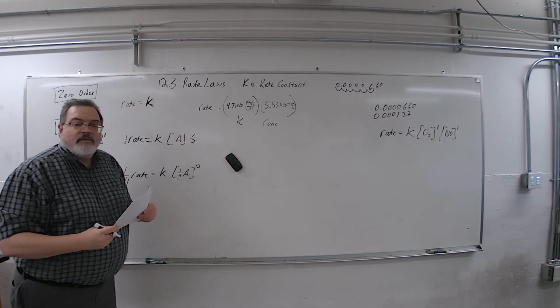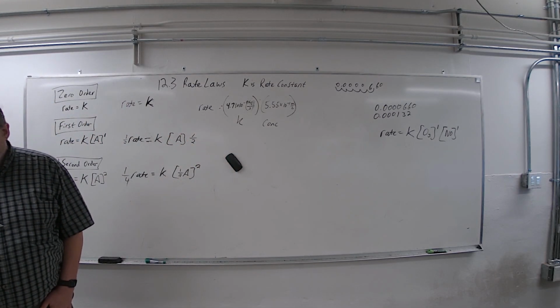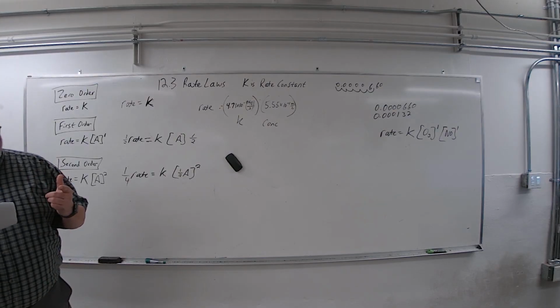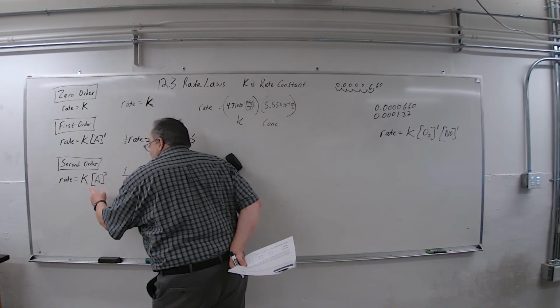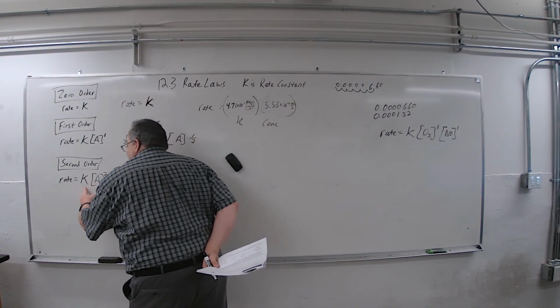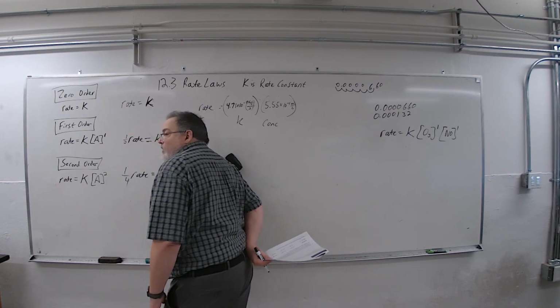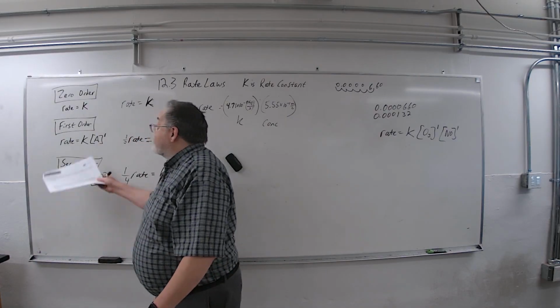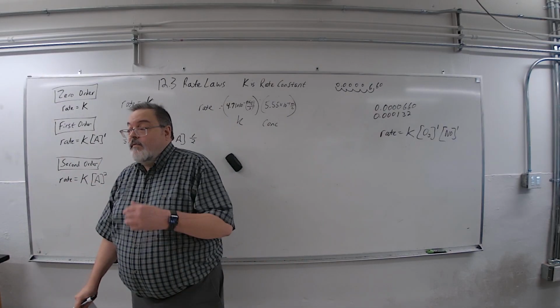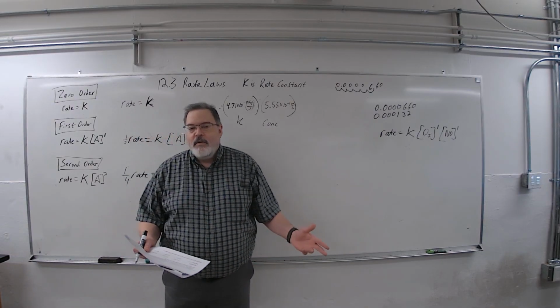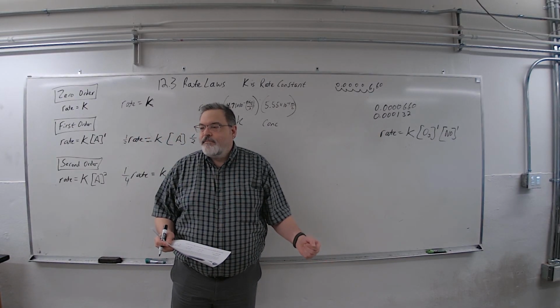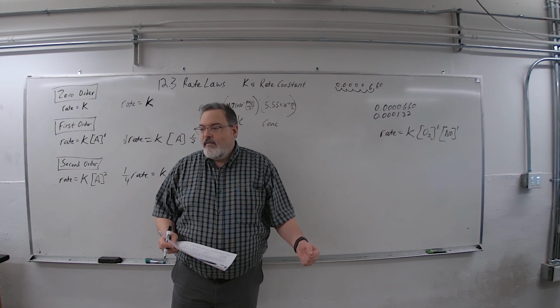So you can just calculate the rate, because you know what the vocabulary is. It tells you it's second order, it tells you the concentration, and it tells you K, and it asks you to calculate the rate. So we're still just using one of these three. It tells you that it's second order. You didn't have to figure it out. You see that? You okay?